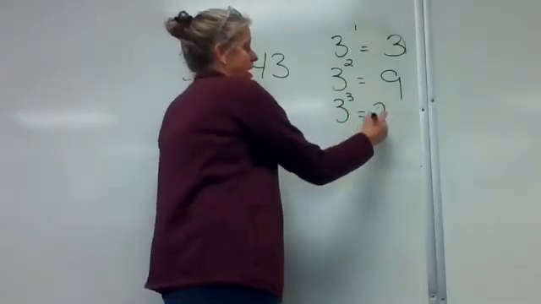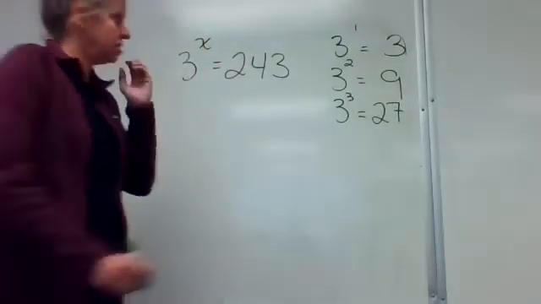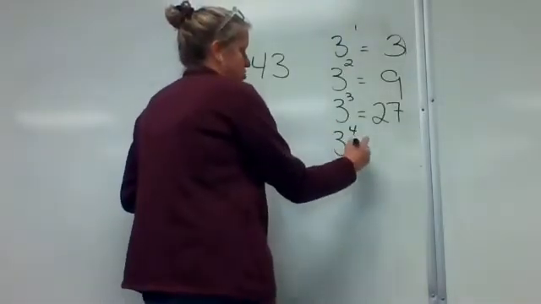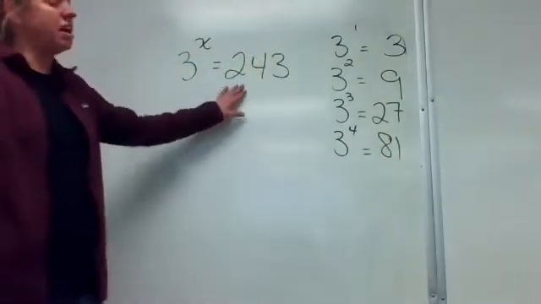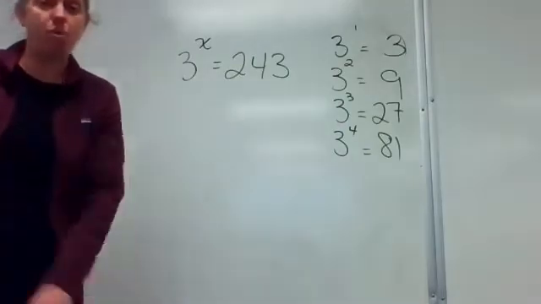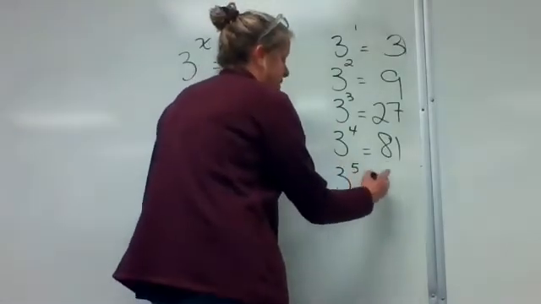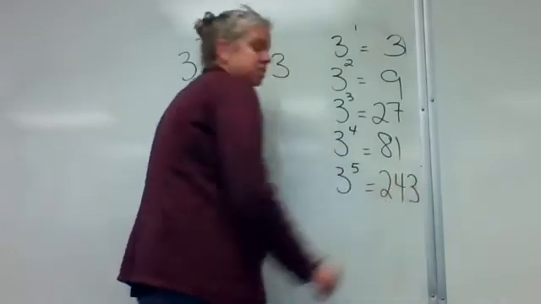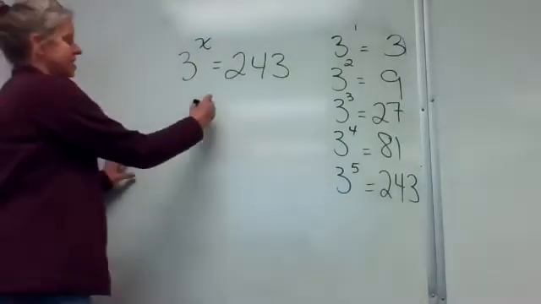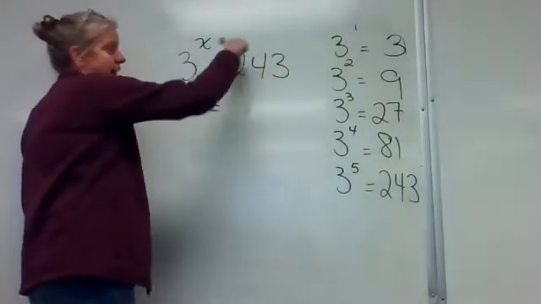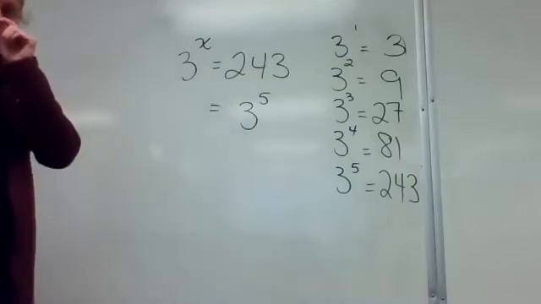3 to the third power is 27. 3 to the fourth power is 81. So I'm either going to hit 243 or at some point I'm going to pass it. Let's see. 3 to the fifth power actually is 243, which means I can rewrite this side without changing it as 3 to the fifth power, right?